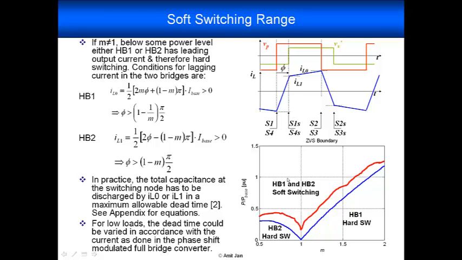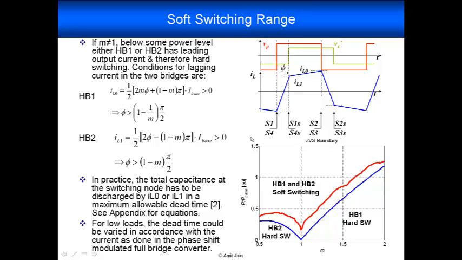Now these conditions just guarantee that the inductor current is greater than 0. It does not actually account for the capacitance present at the switching node. When we account for the total capacitance that is present at the switching node, then we need to make sure that these currents are high enough to discharge the capacitance in the programmed dead time.